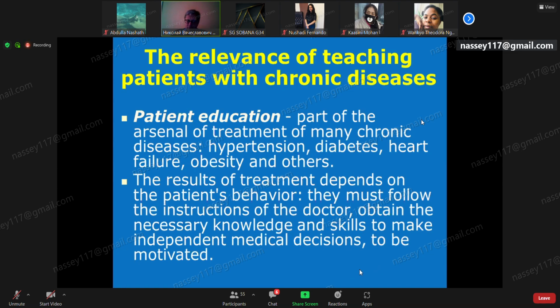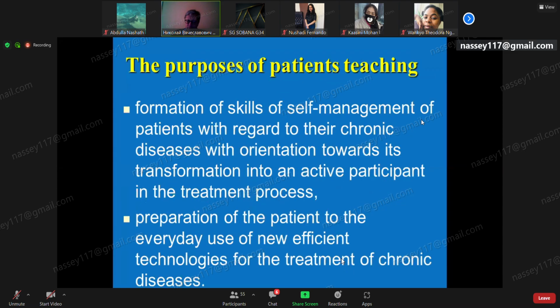The main purposes of patients' teaching are formation of skills of self-management of patients with regard to their chronic diseases, with orientation towards their transformation into active participants in the treatment process, and preparation of the patient for the everyday use of new efficient technologies for the treatment of chronic diseases.